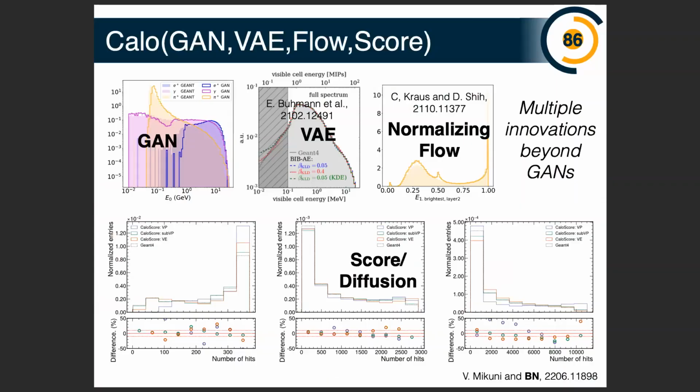There are other methods called diffusion models that are the latest and greatest. If you look at the top rated image generation, they're all diffusion models. I learned about that, we tried testing it, and it works really well. That's driven in the other direction. I think it's important to go both ways. We have to pay attention to what's going on in machine learning, but we also need to tailor methods for our particular problems.